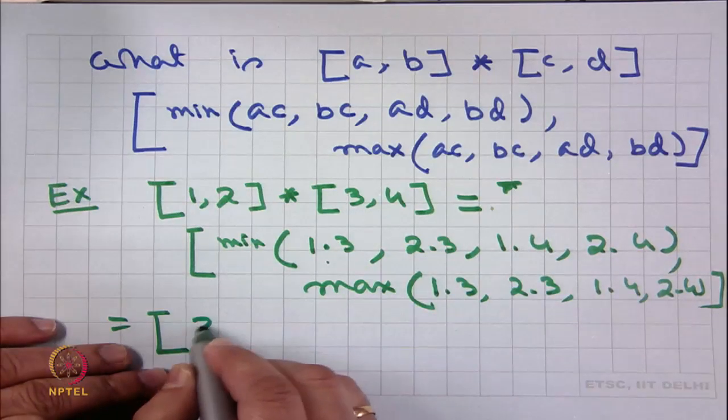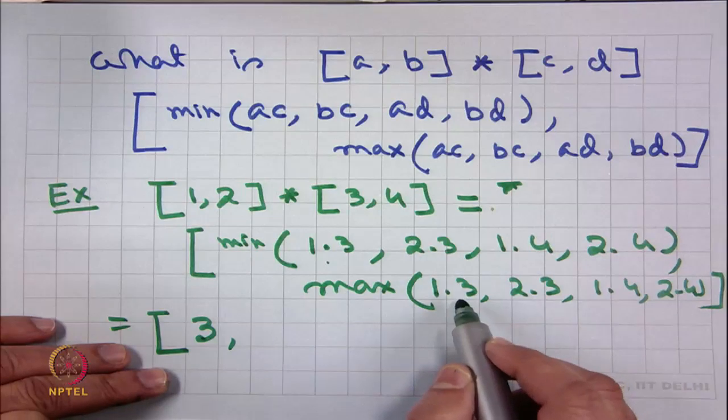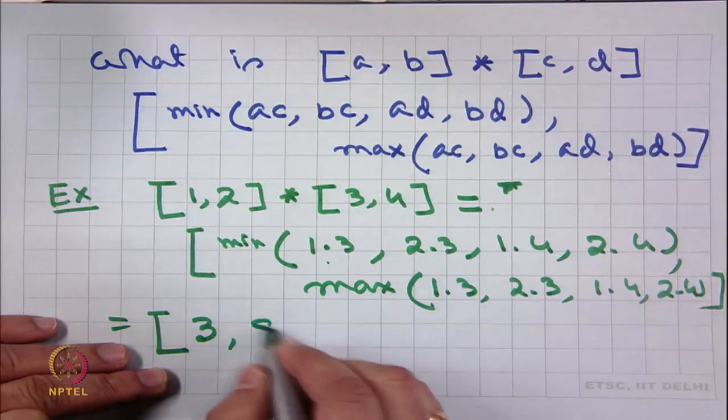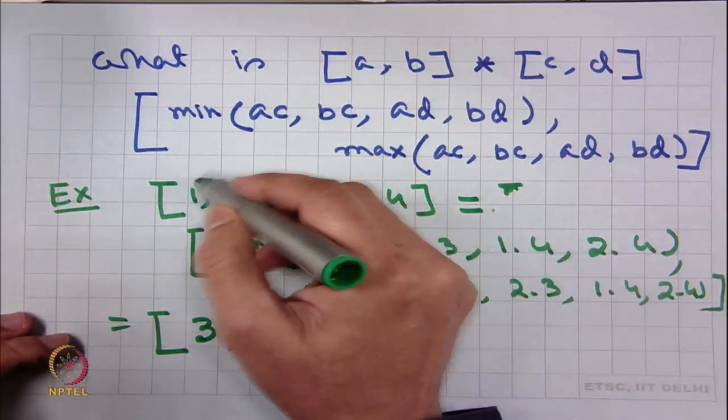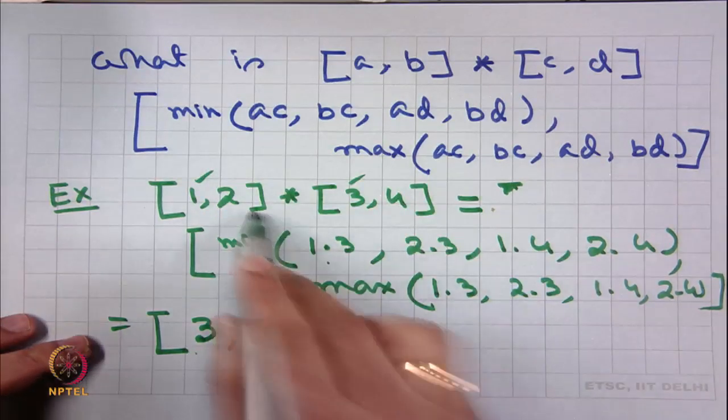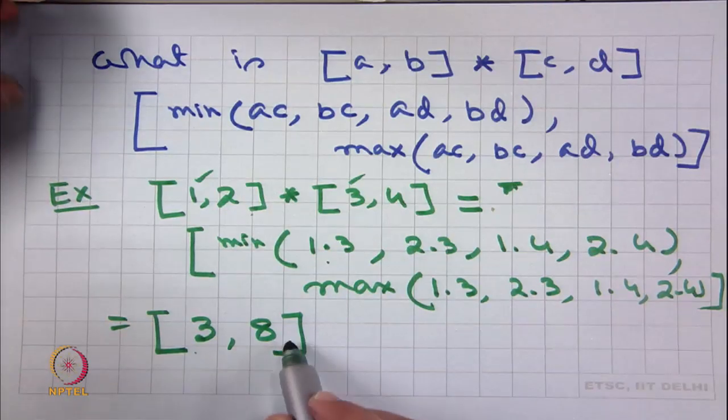Therefore, this is going to be 3, and maximum of 3, 6, 4 and 8 is going to be 8. Therefore, what we are getting is AC on this side and BD on the upper side.